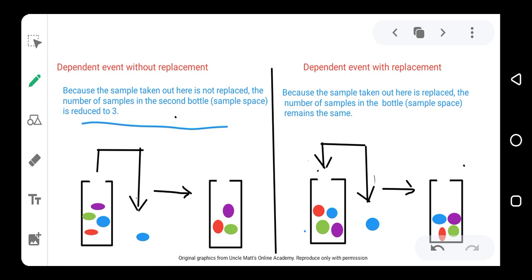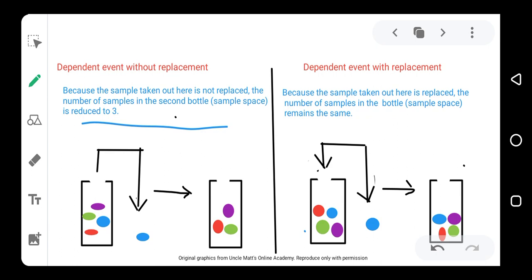That is why we have 3 samples in the second bottle instead of 4, because the first one you picked, you did not put it back in the bottle.